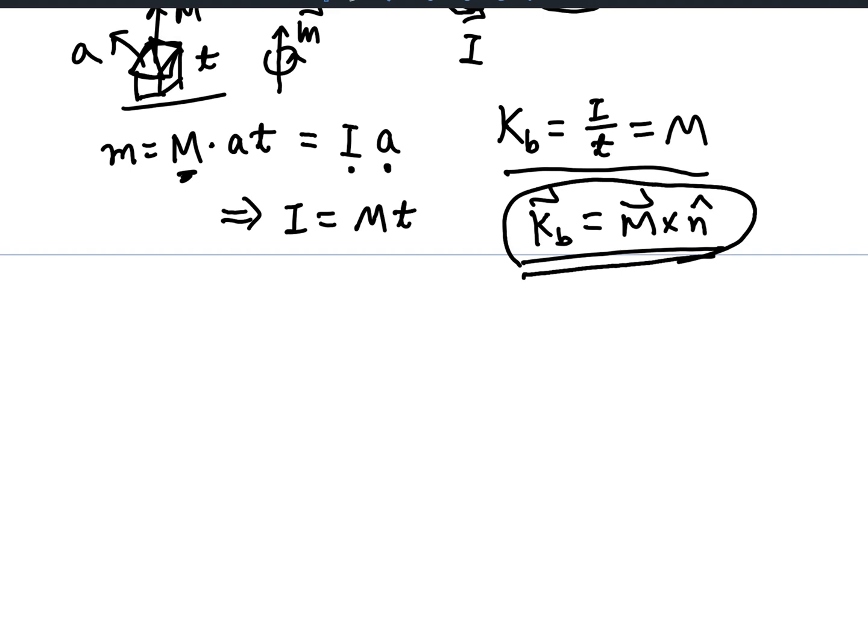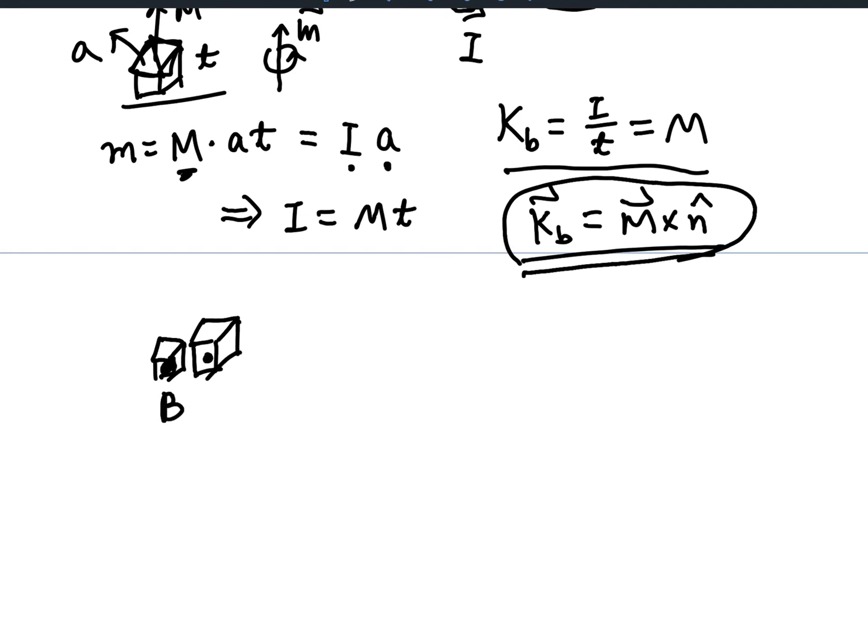Now we can do the same thing when the magnetization is non-uniform. For that you have to consider two volumes, because the B field can be different. The B field value here and the B field value here are different.